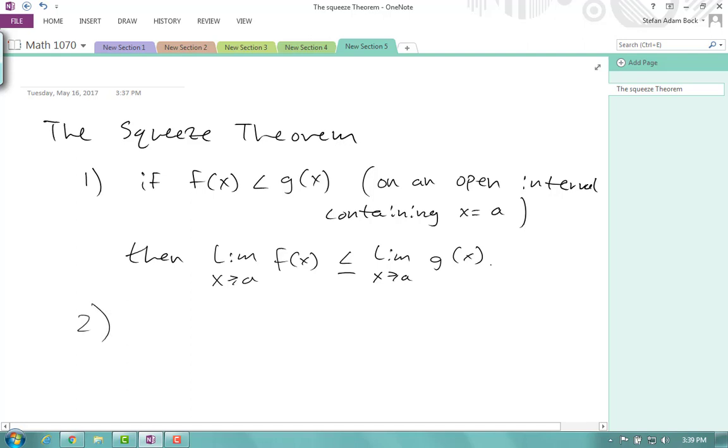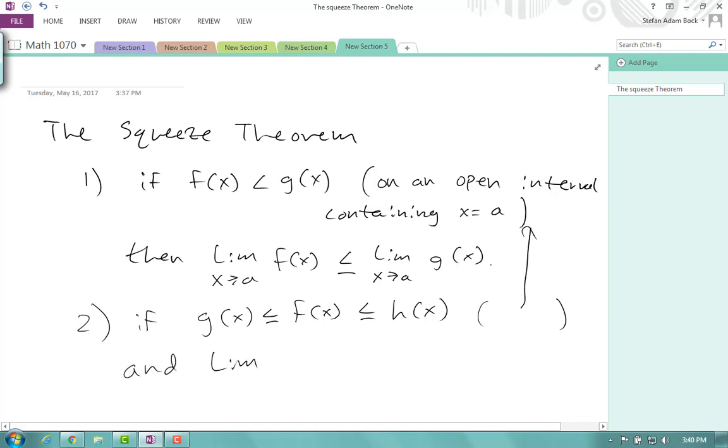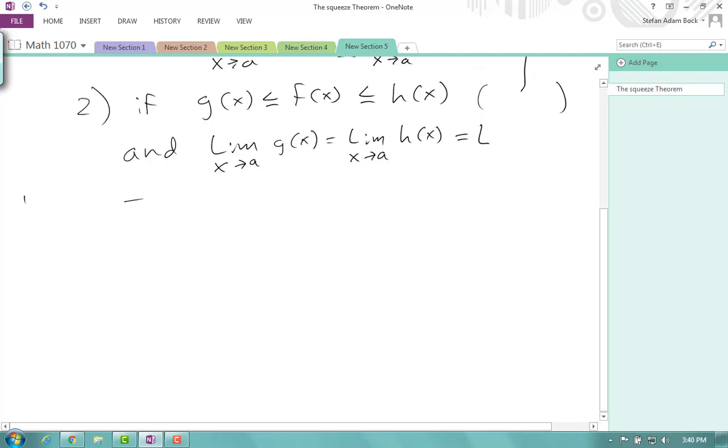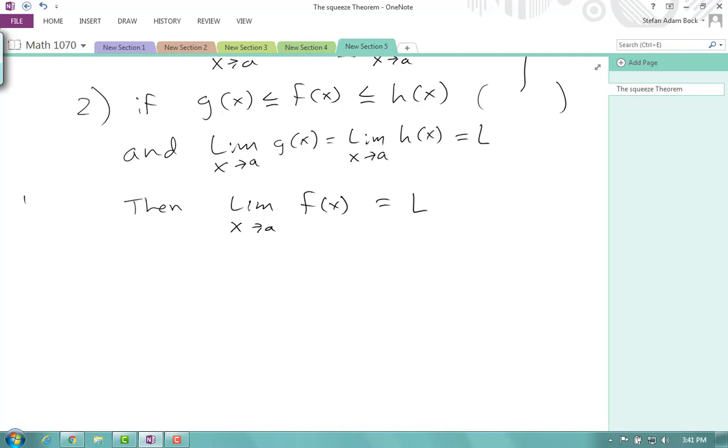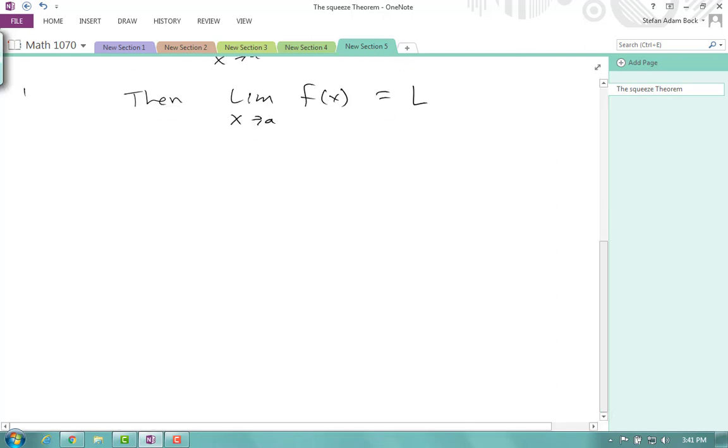And 2, the big part, if g of x is less than or equal to f of x, which is less than or equal to h of x, at least on an open interval containing a, and the limit as x goes to a of g of x is equal to the limit as x goes to a of h of x, both equal to L, then the limit as x goes to a of f of x must also be equal to L, because it's essentially squeezed between the other two functions.